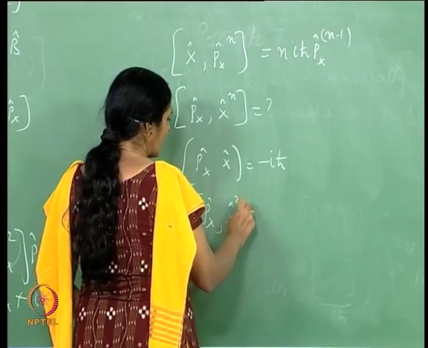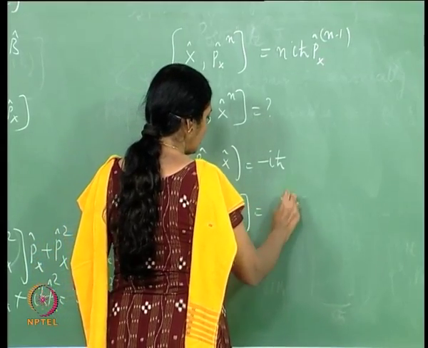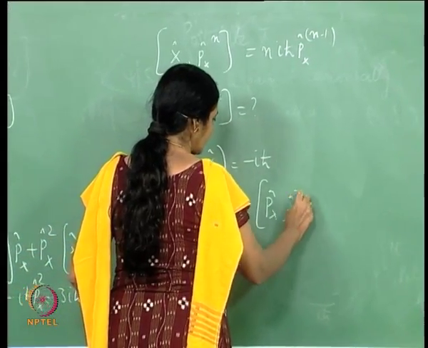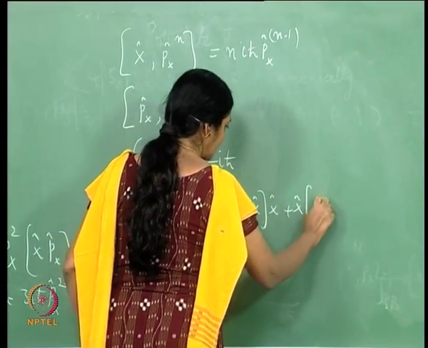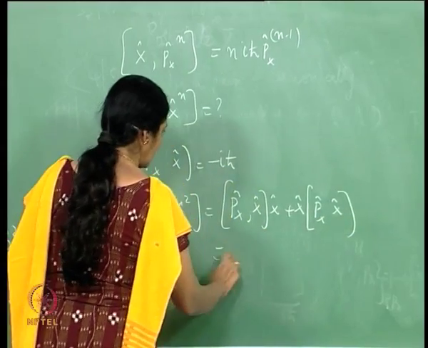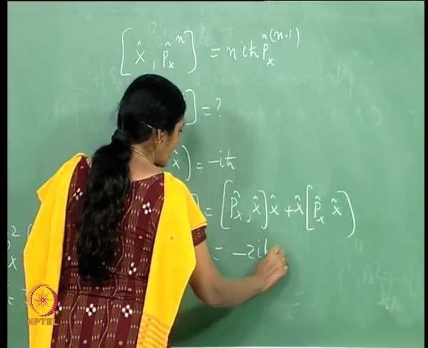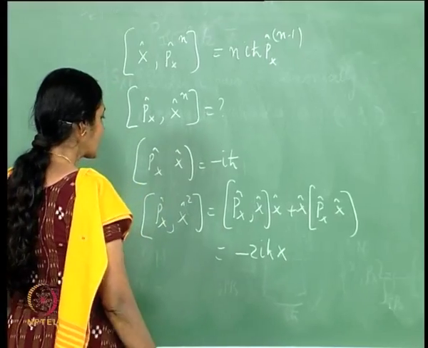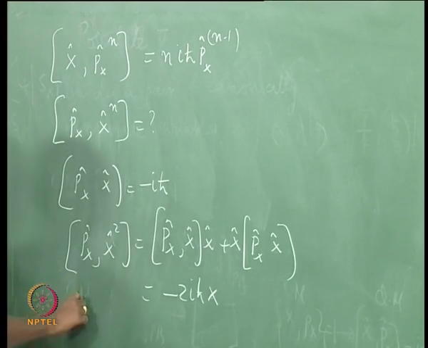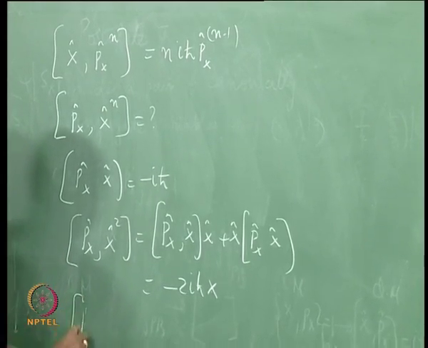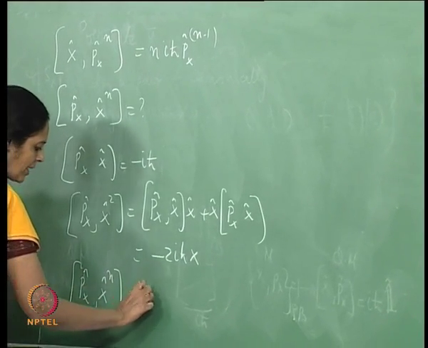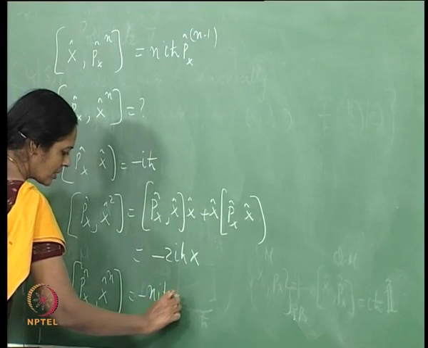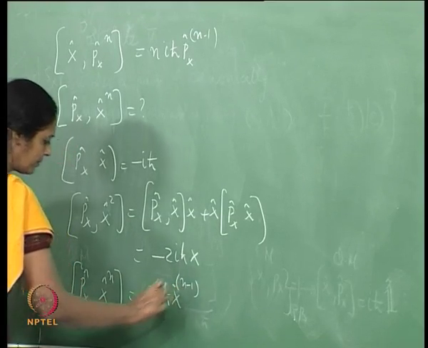Px with x squared by the ABC rule is this object. That gives me a minus 2iħ x, and so on. And finally, I could have Px with x to the power of n is minus n iħ x to the power of n minus 1.